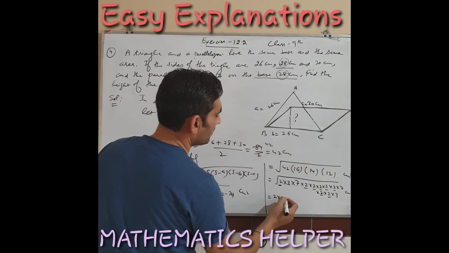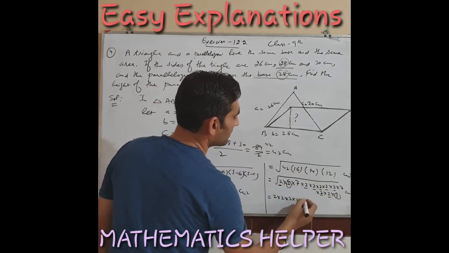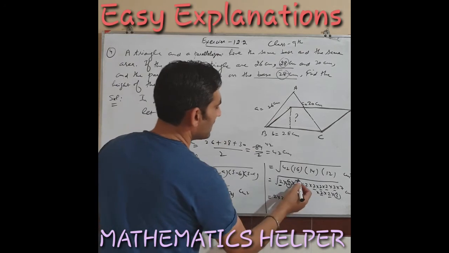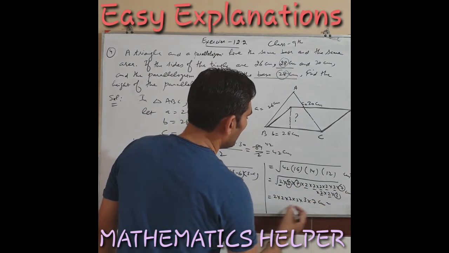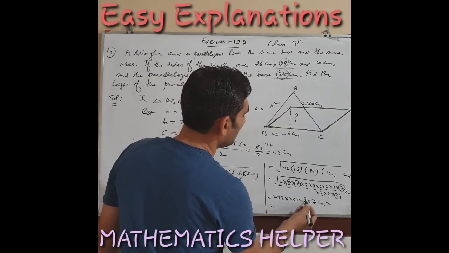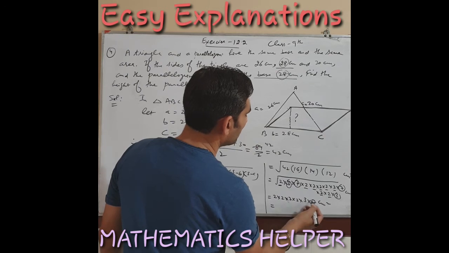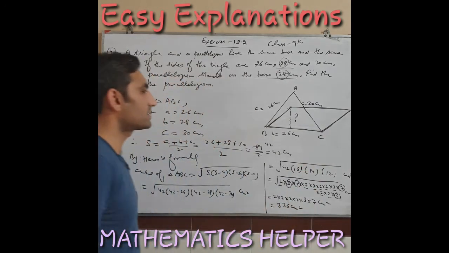So we are writing 2 four times outside. 3 how many times? Two times inside, ... so 1 time out. 7 two times inside, 1 time out, and nothing is left. And the answer will be 2 into 2 is 4, into 2 is 8, into 2 is 16, into 3 is 48, into 7 is 336 centimeter square. This is the area of the triangle.